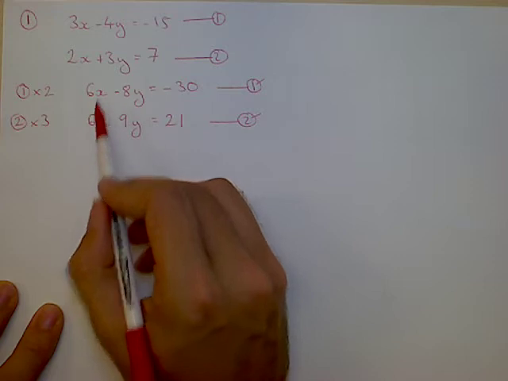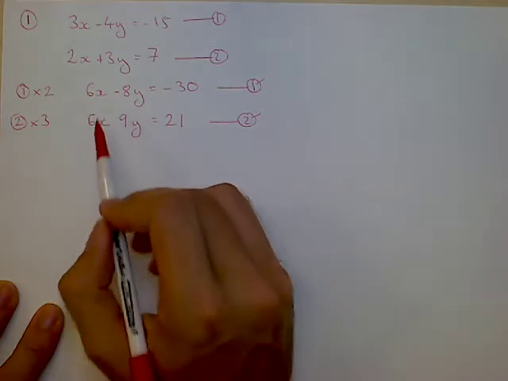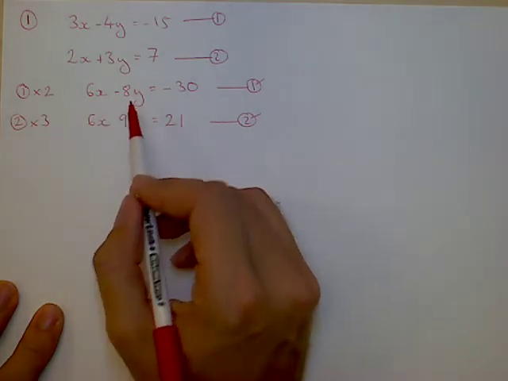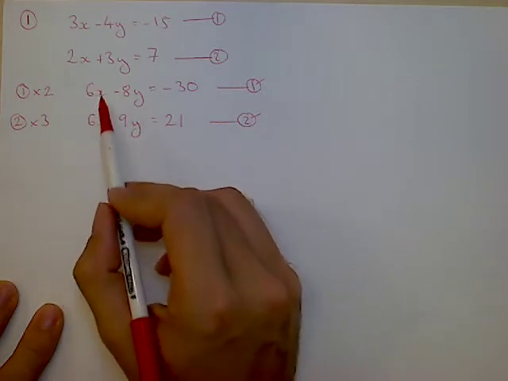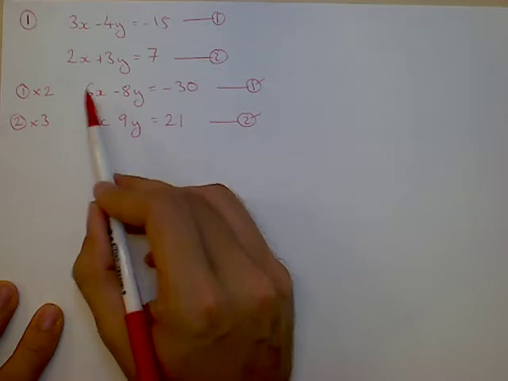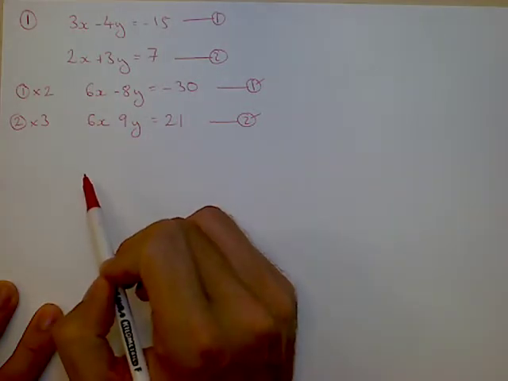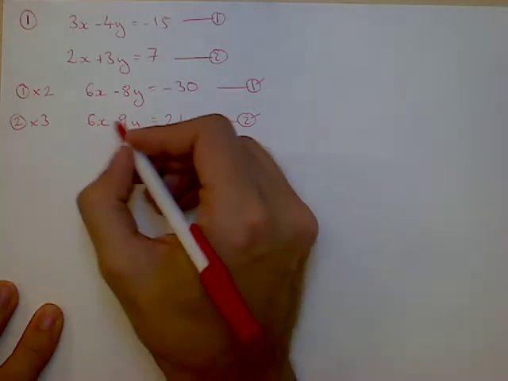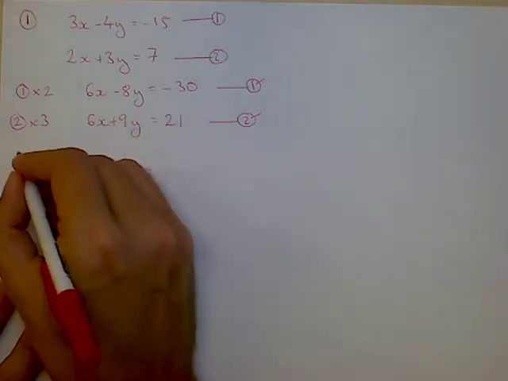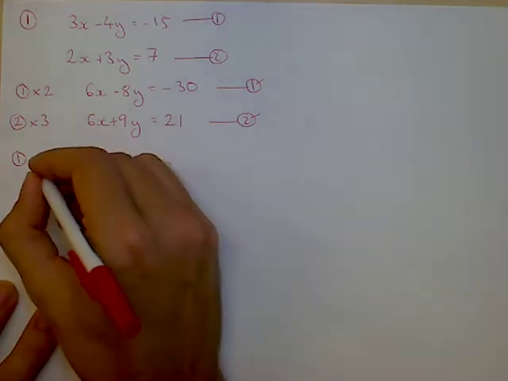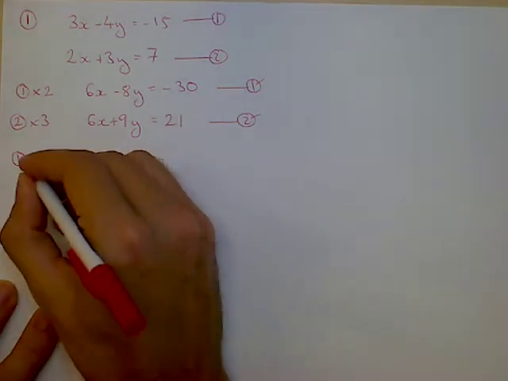I then have to look at what I would need to do to the two equations in order to cause the elimination to happen. Sometimes I might be adding the two equations together, but in this case I need to subtract them, because if I do 6x take away 6x, I'll have no x's. So I'll take equation 1 and I'm going to subtract equation 2.